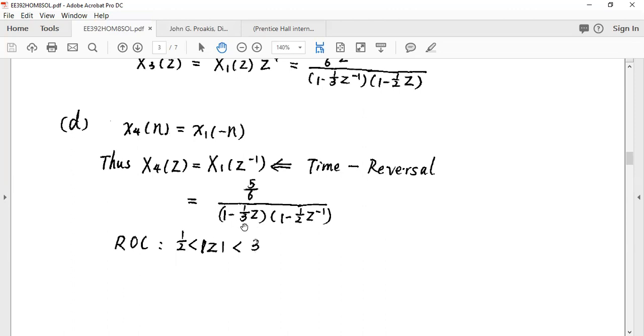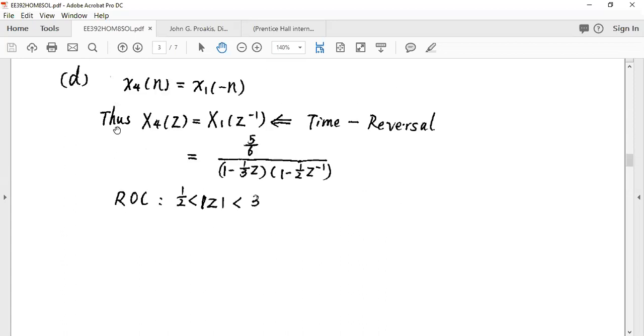So if you solve for 1 minus 1/3 z, the modulus of z is less than 3. The same goes for the other term: z is greater than half. Combining the regions of convergence of these two terms gives half is less than z and z is less than 3. So that is the region of convergence for D.